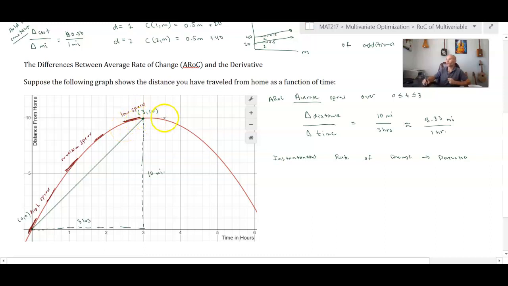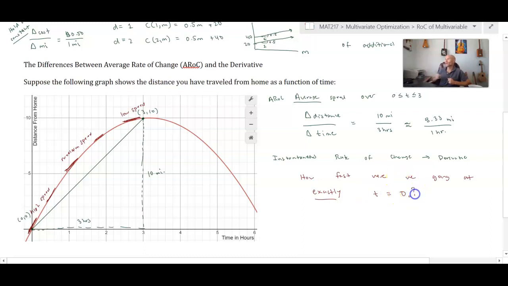And then it looks like we're going to turn back around and go home. So the instantaneous rate of change, in other words, how fast were we going exactly at the instant t equals 0?